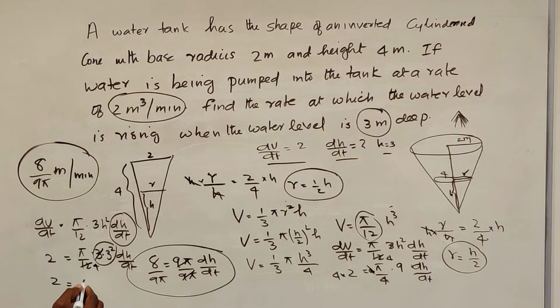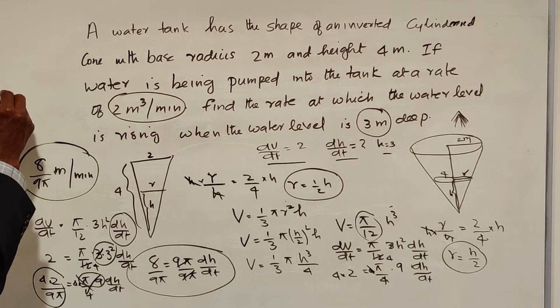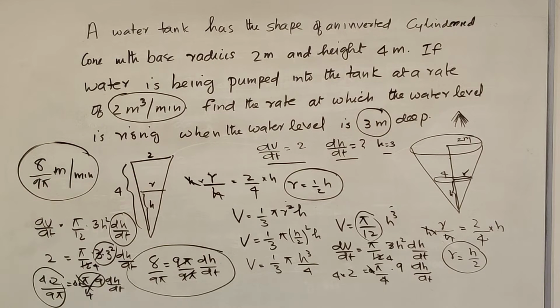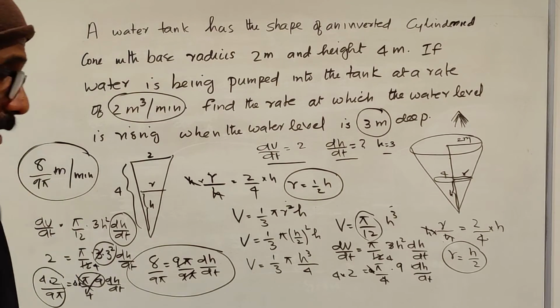So 2 is equal to pi by 4 into 9 dh by dt. Multiply by 4 on both sides and divide by 9 pi. So you get dh by dt is equal to 8 by 9 pi meter per minute. Okay, that's the first question.